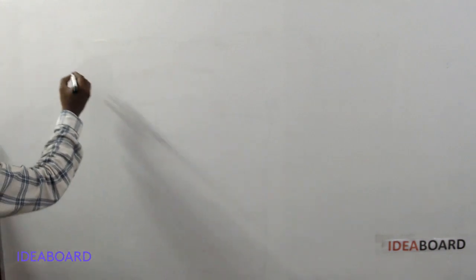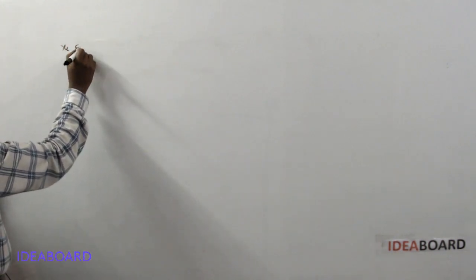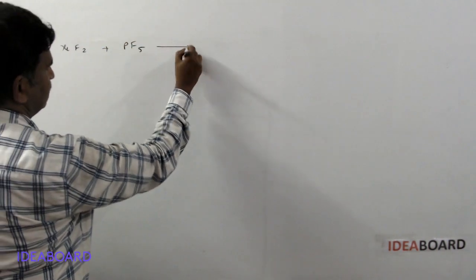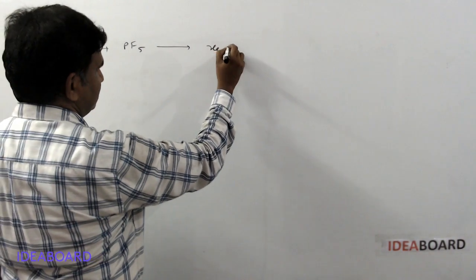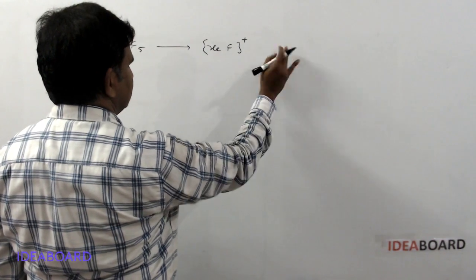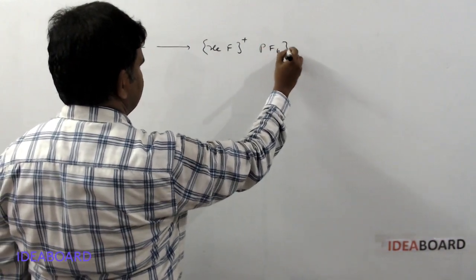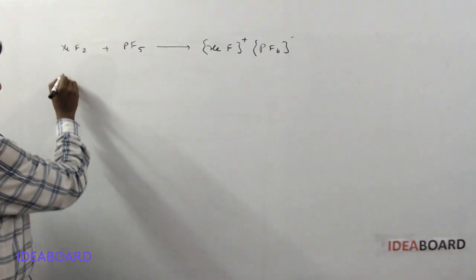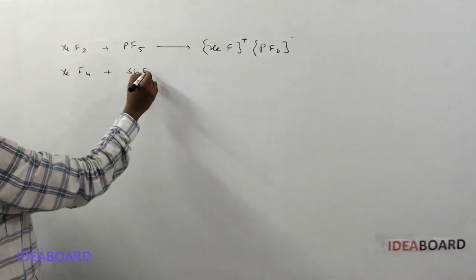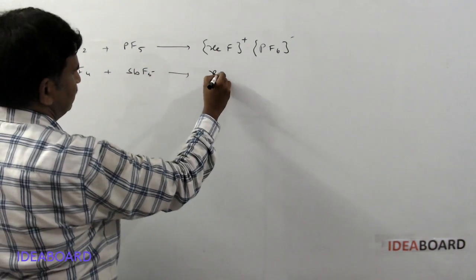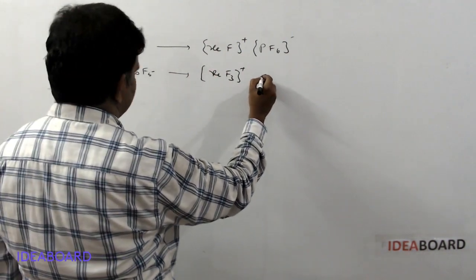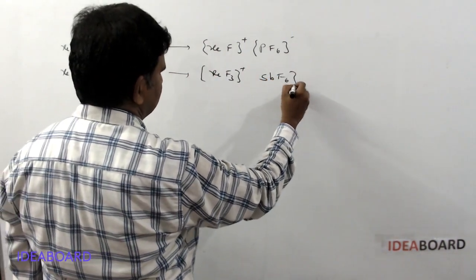Next property, XeF2 reacts with PF5 and this forms XeF+ and PF6-. Similarly, XeF4 reacts with SbF5 and this forms XeF3+ and SbF6-.